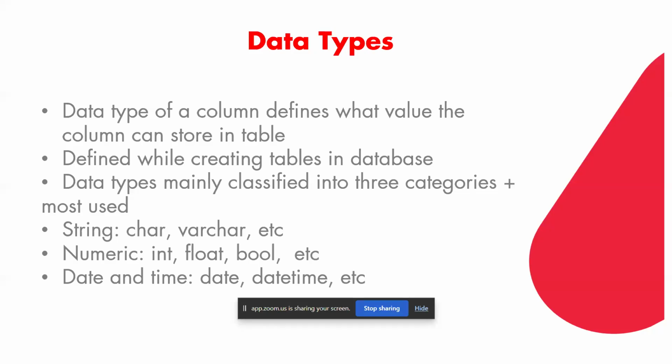Now, if you define a data type of float, that is when it can store values like 1.1, 1.2, 1.3, and the likes. I don't know if somebody is getting the point. So basically, a column is what defines the type of data that is stored in that row.